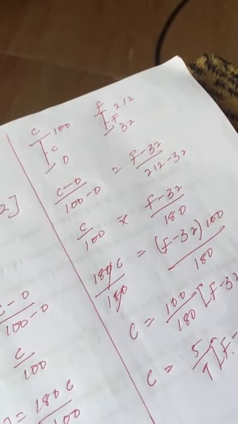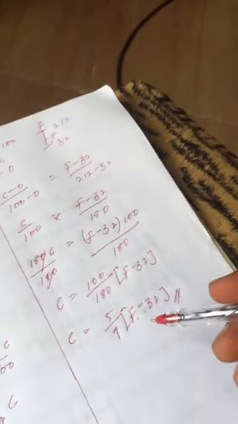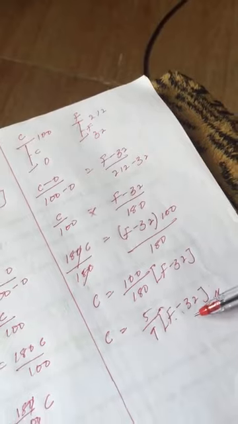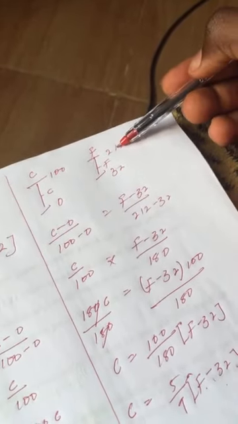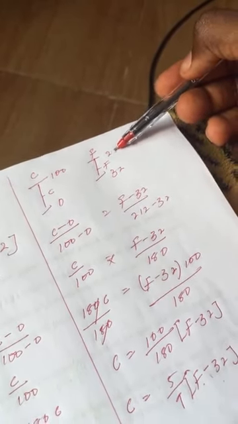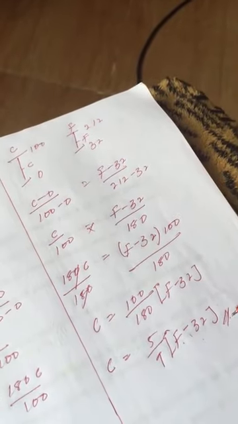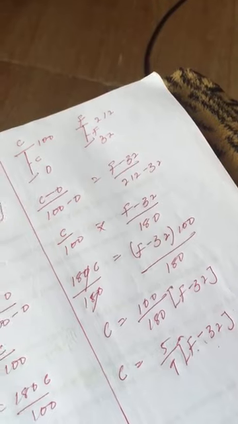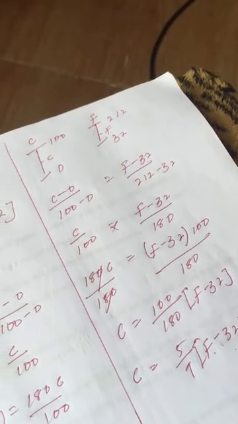But in a situation where you are in the exam hall and you could not remember the formula, this is how we derived it, so that you are able to solve questions regarding Fahrenheit and Celsius scale.